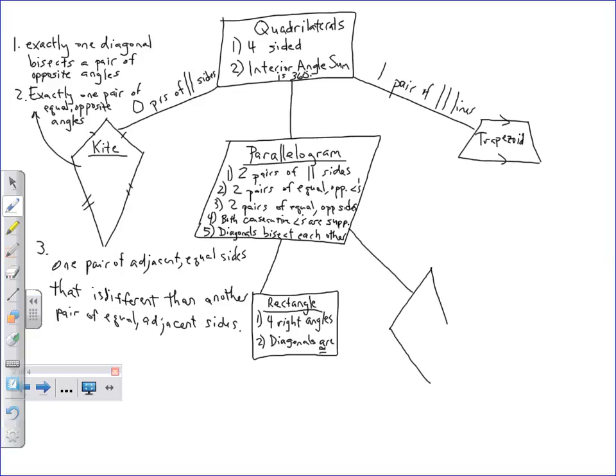Other group. It's not drawn very well, but I will mark it so that we know that all sides are equal. This is a rhombus, R-H-O-M-B-U-S. In a rhombus, all sides are equal, as I marked.